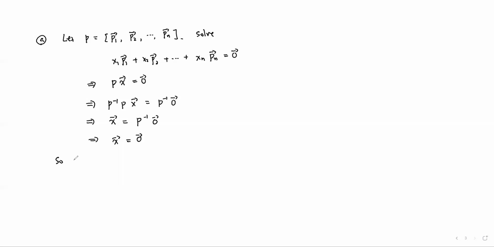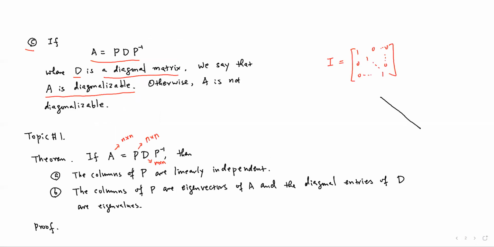So therefore, this equation has only the 0 solution. Therefore, the columns of P are linearly independent. This is part A of the theorem.